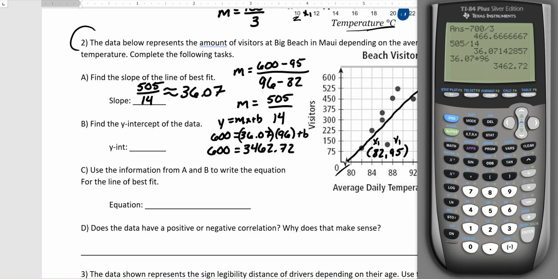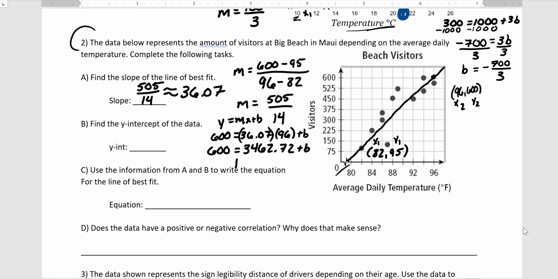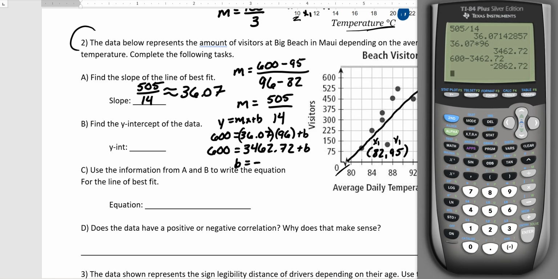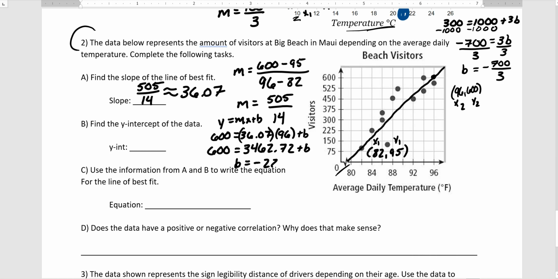When I do that in my calculator, I get negative 2,862.72. So we'd say that b equals negative 2,862.72.